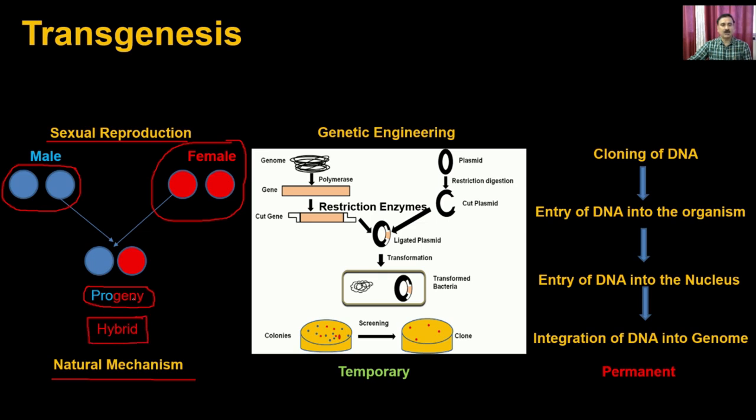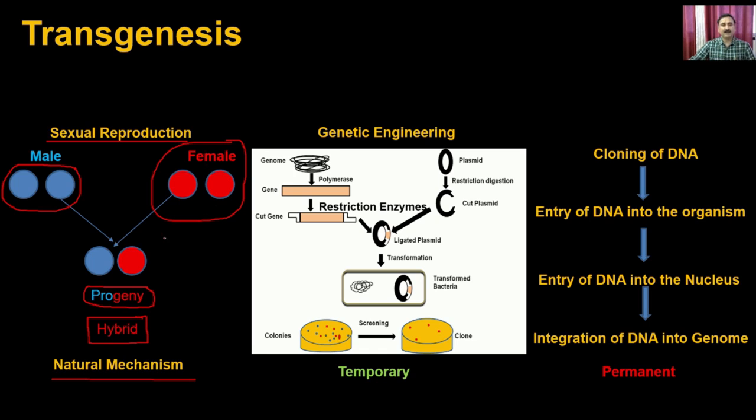These progenies are not called transgenic animals, because the genes you are introducing into this organism come from the same kind of species. For example, if this is a rabbit, this is also a rabbit, but this could be a rabbit with some definite phenotype.